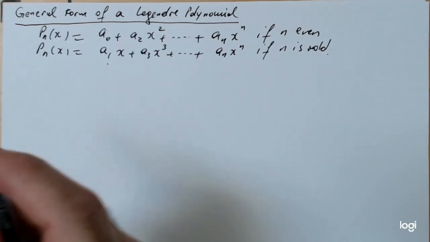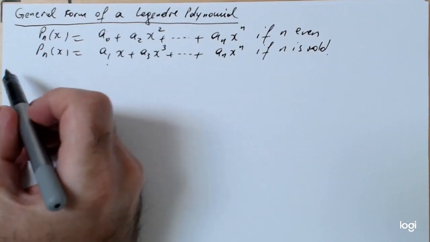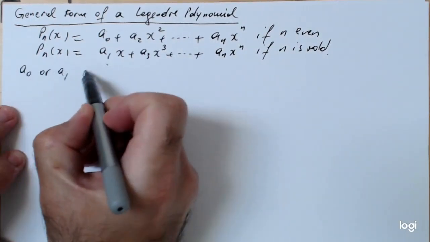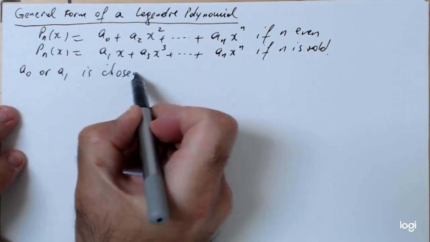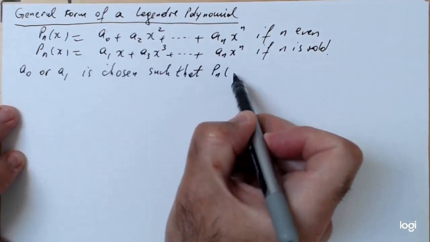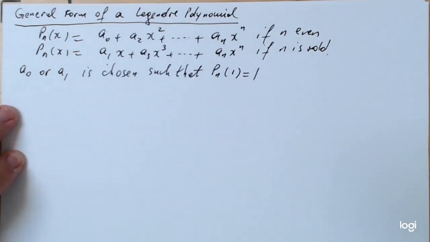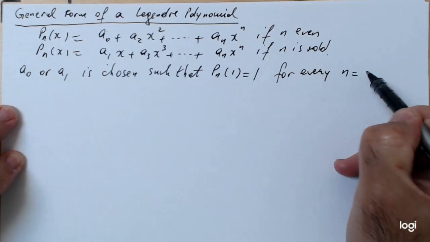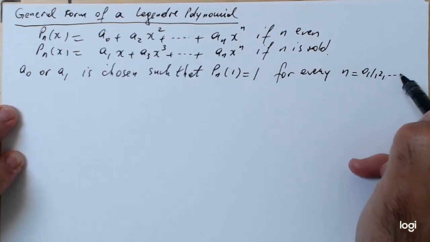One of them, which we should specify right now, is that a0 or a1 is chosen such that Pn(1) is equal to 1 for every n. Doesn't matter if it's odd or even.